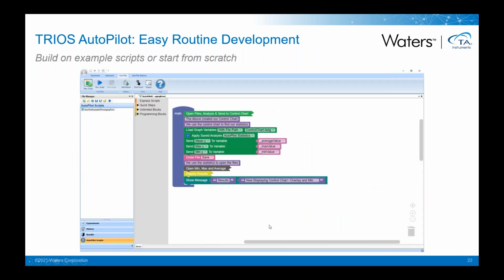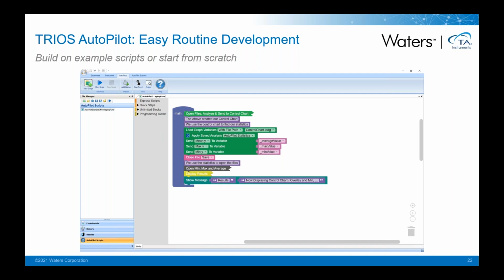Okay, so ultimately, Autopilot is a routine development window. You can see here a quick example where you're using blocks of a simple programming language that gives you ultimate control of both instrument control within TRIOS, as well as data analysis and reporting.